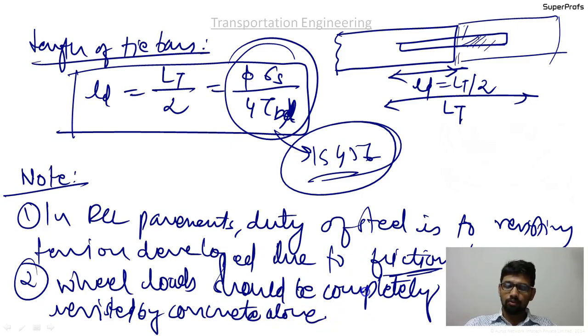Therefore, the minimum strength of concrete in rigid pavements is 35 MPa. So M35 is the minimum strength of concrete in rigid pavements. You see that in RCC, we even go for 20 MPa.